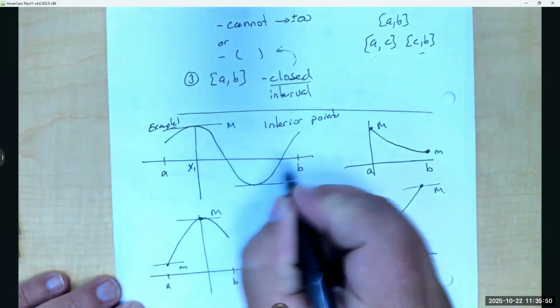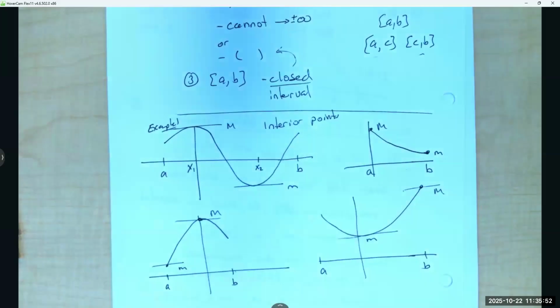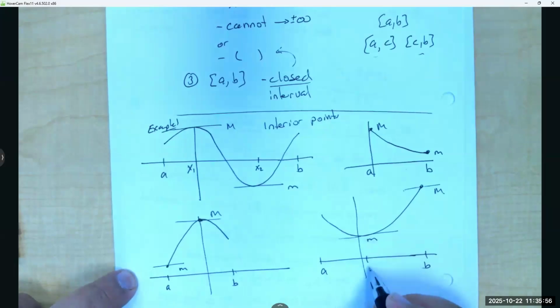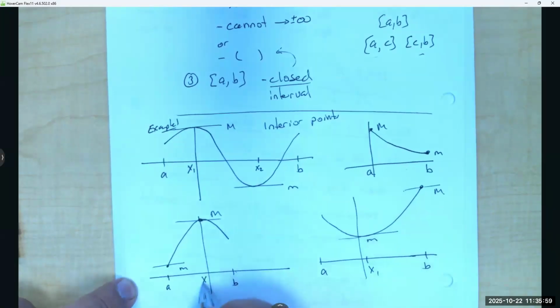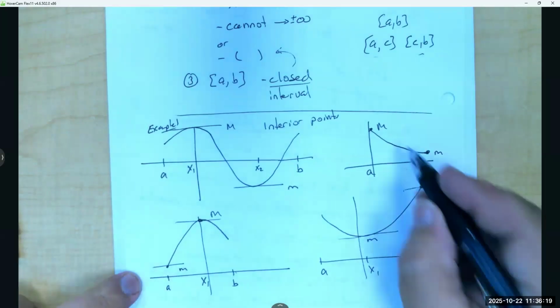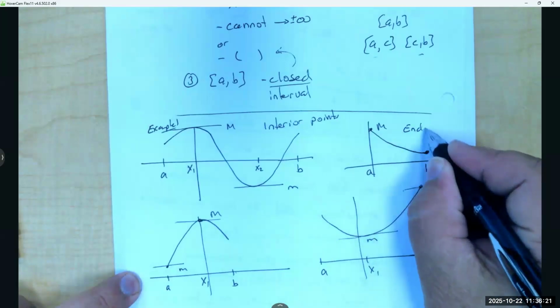We'll call this one x1, we'll call this one x2. Those are all interior points. So we know that extrema, maxima and minima, can happen at interior points. Where else can they occur? At endpoints, yes.